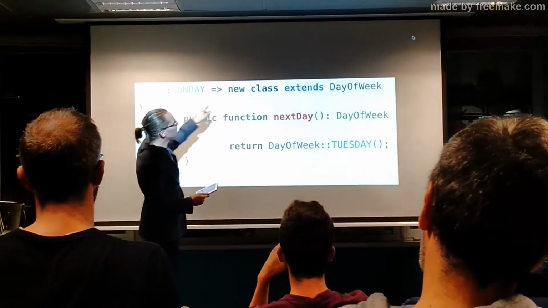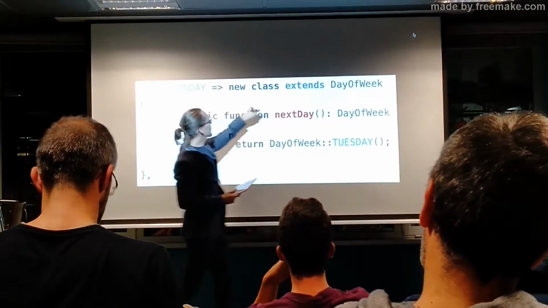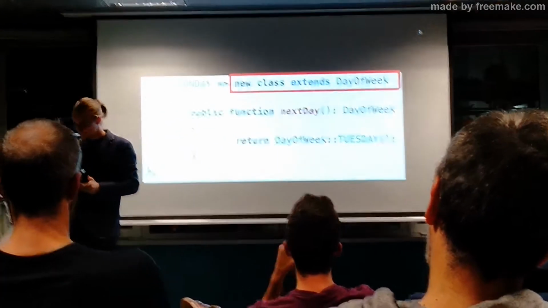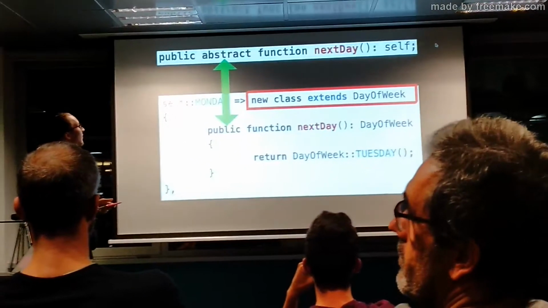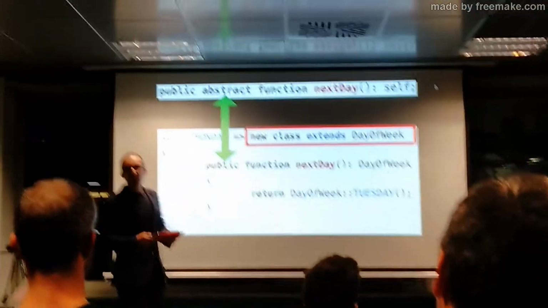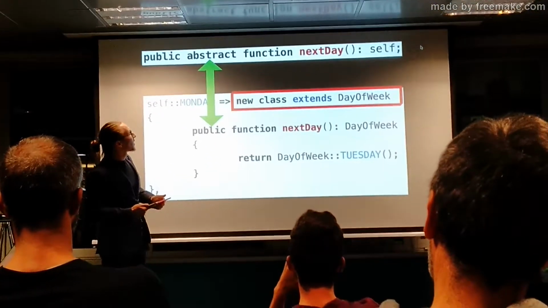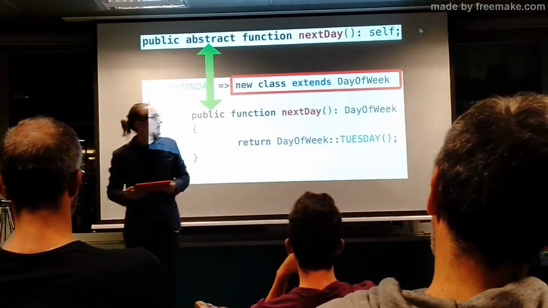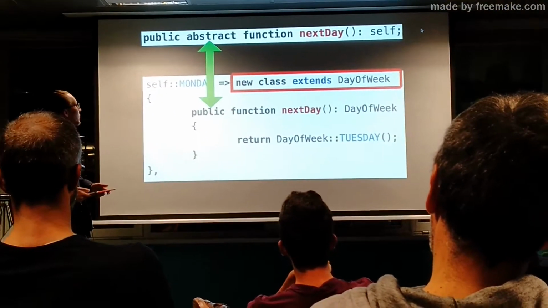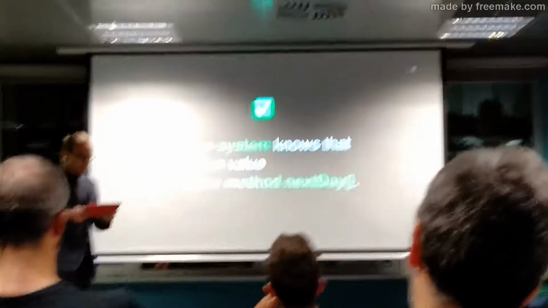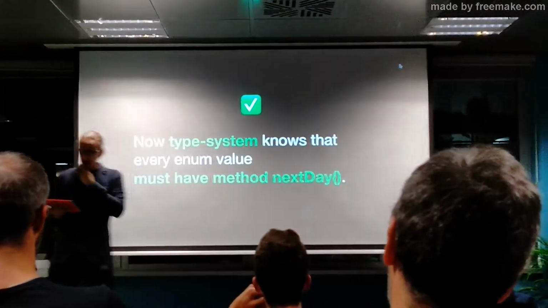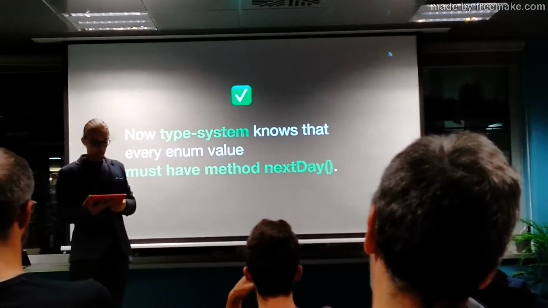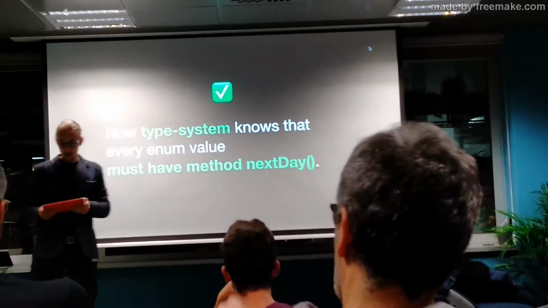These values, every one of these extends from DayOfWeek from the original enum, and it is guaranteed on the type level that there will be a method nextDay which is returning the value of the enum. So now our type system knows that every enum value will have the nextDay function.